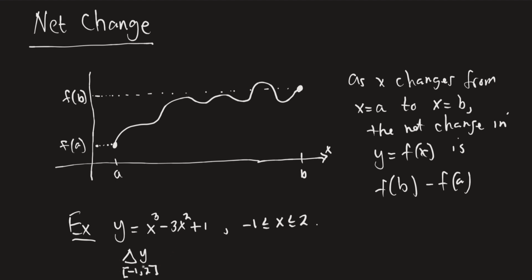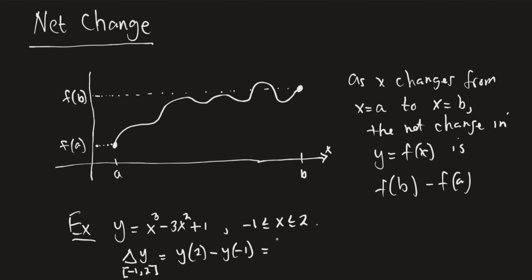So all the symbol means is the change in y over the interval from x equals -1 to x equals 2, and it's just algebra. You would take y of 2 minus y of -1.